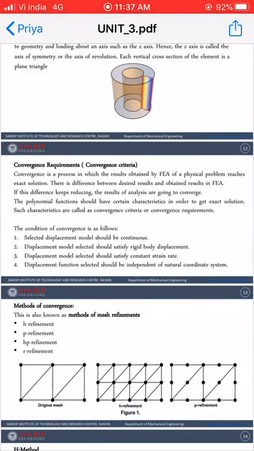We have discussed that this displacement model should satisfy these 4 conditions. First, it should be continuous, second, it should satisfy the rigid body displacement, third, it should satisfy the constant strain rate, and last, it should be independent of the natural coordinate system.